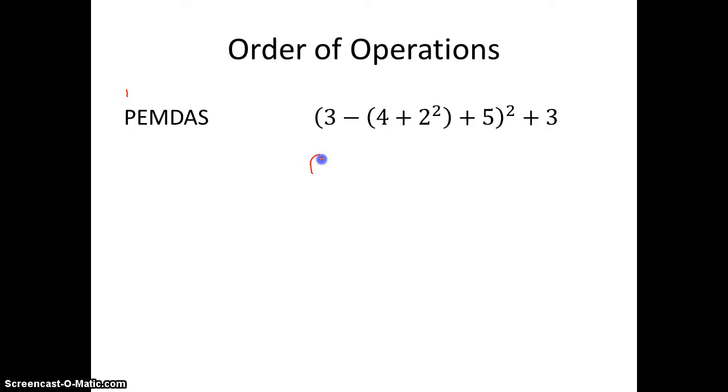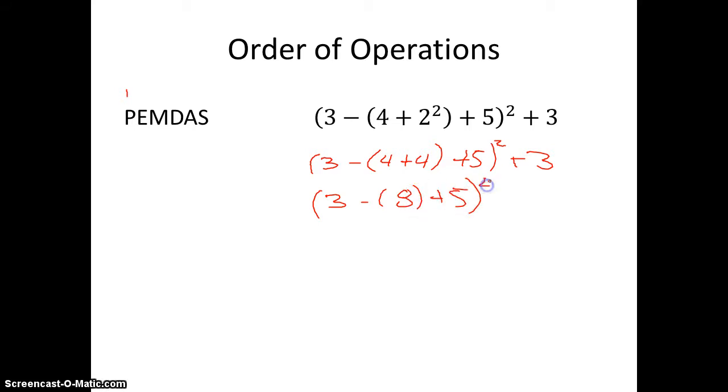So I can rewrite this. 3 minus 4 plus 2 squared is 4 plus 5, parentheses squared, plus 3. Now, again, inside the parentheses, we're still working inside our inside set. So 4 plus 4 is 8. 3 minus 8 plus 5 squared plus 3.